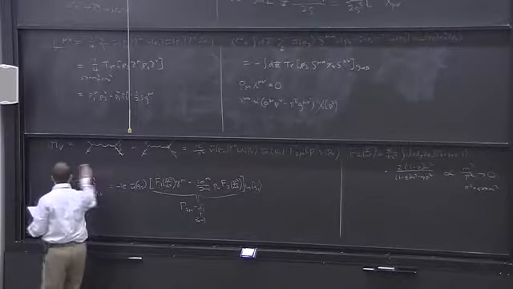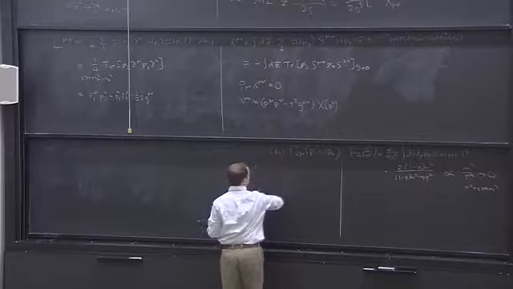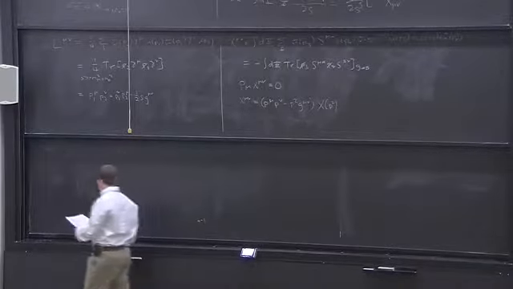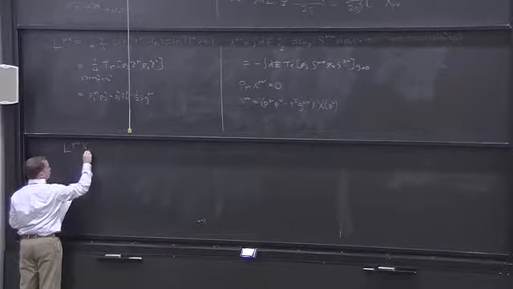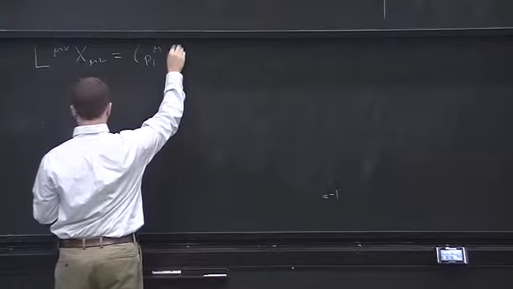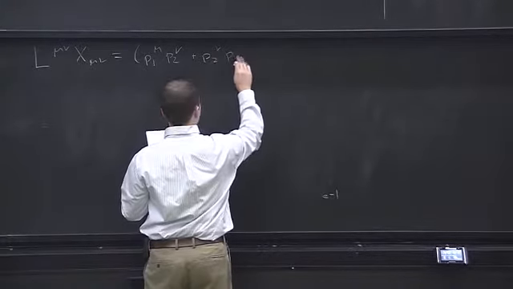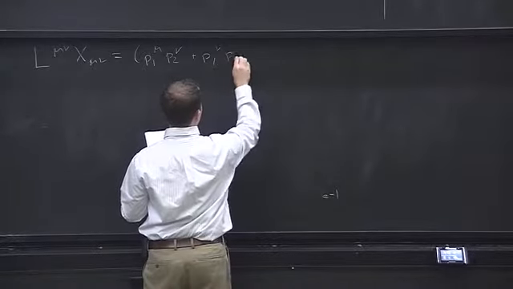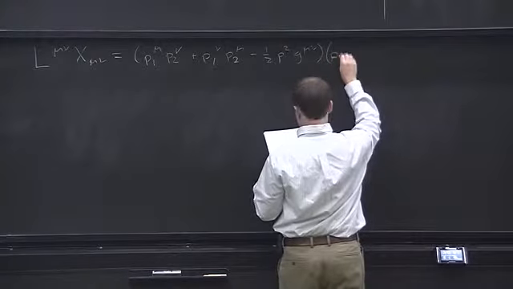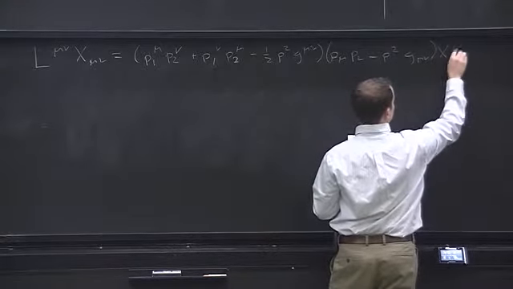And so that tells us that L mu nu X mu nu is p1 mu p2 nu plus p2 mu p1 nu minus 1/2 p squared g mu nu, contracted with p mu p nu minus p squared g mu nu, times X of p squared.